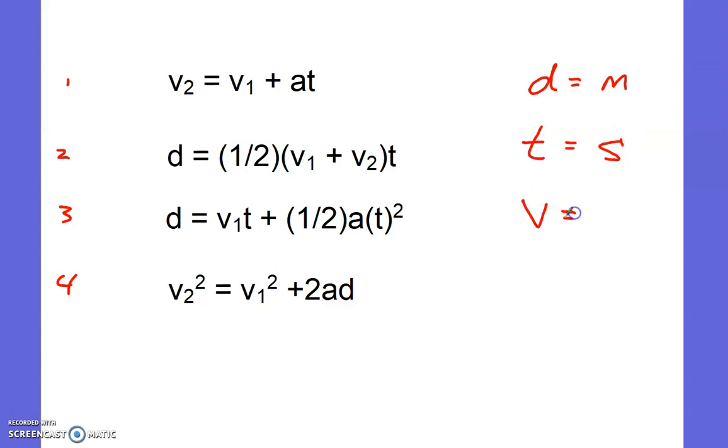We have v, which represents the velocity, or speed, measured in meters per second. And then we have a, which represents the acceleration, measured in meters per second squared. Notice that there are two velocities because, remember, during free fall, the velocity changes.